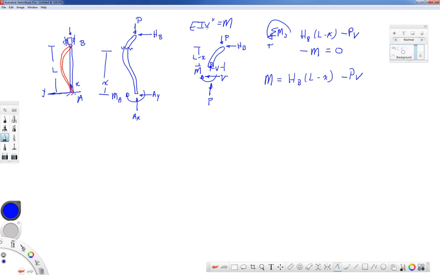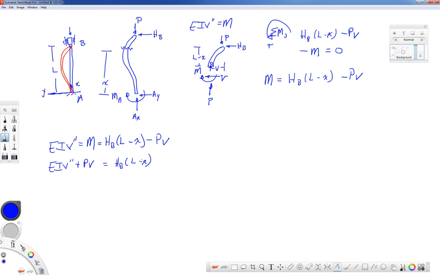Like we did before, we're going to put that into our second order equation for beam deflection and have EI v double prime is equal to M. And I'm just going to write it down again, HB times L minus X, minus PV. I'm going to put all the V terms on one side, and I'm left with some stuff on the right-hand side.